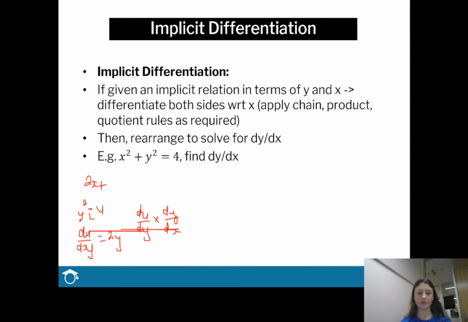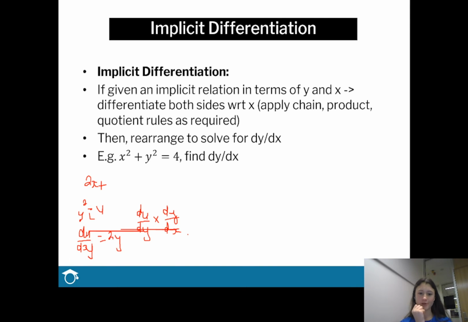Which is what we want, because these two dy's on the numerator and on the denominator are going to cancel out. So that gives us du dx, which is what we want to be adding in, because we want to be deriving this, we're deriving u with respect to x.